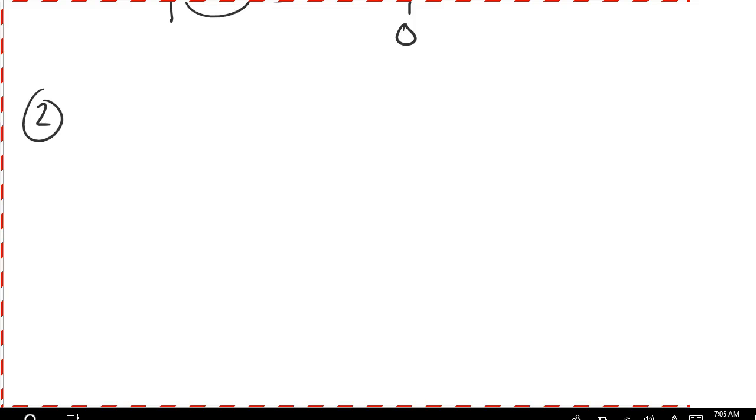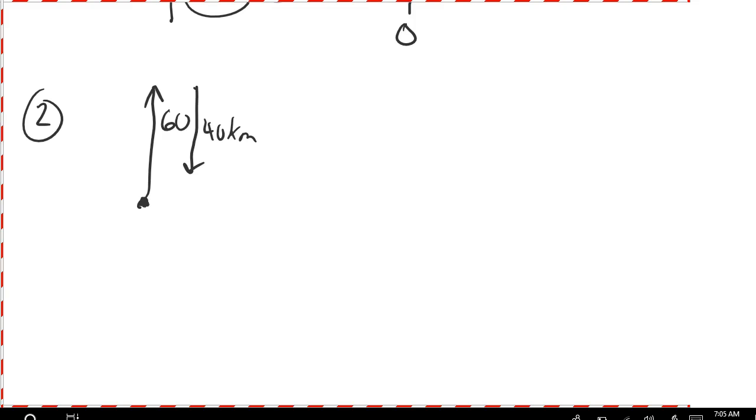Let's do a drawing of this again. And we have a person. They're going to go 60 kilometers north. And then they're going to come back 40 kilometers.